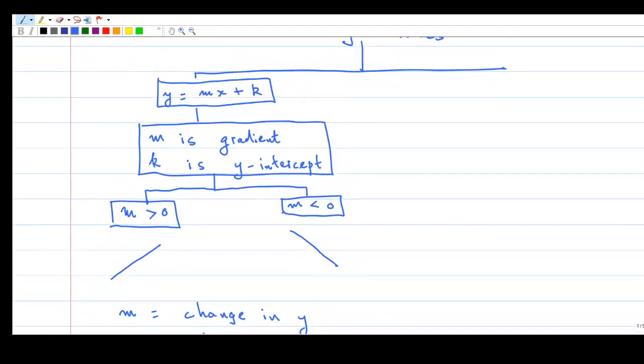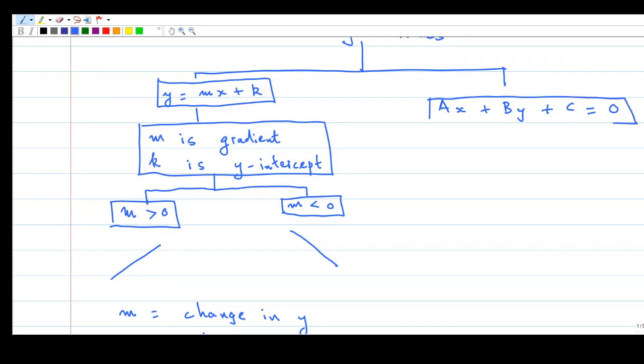Okay, we now look at the general form of the straight line. That's capital A x plus capital B y plus capital C is equal to 0, right?